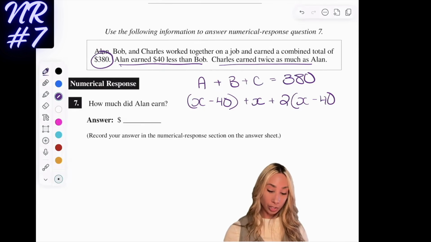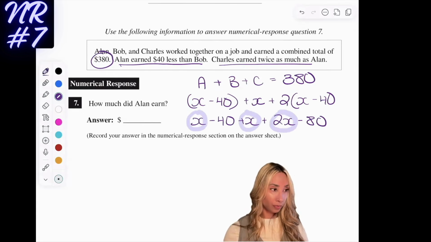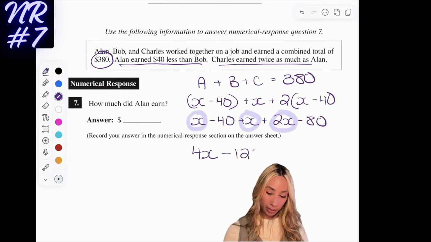So now I can actually start to solve this. I'm going to have X minus 40 plus X plus 2X minus 80. I'm going to bring this down. So if I combine my X's here, that's going to get me a total of 4X minus 120. Oh, and I forgot my equal sign. Sorry about that.